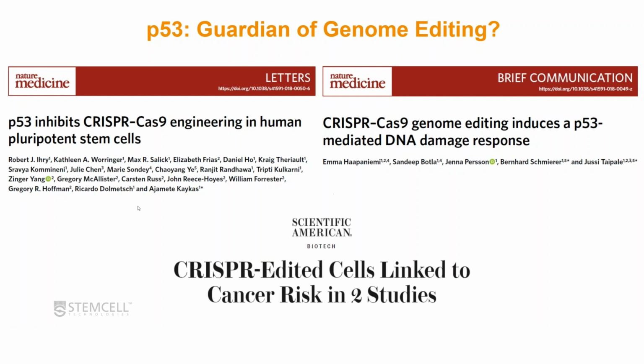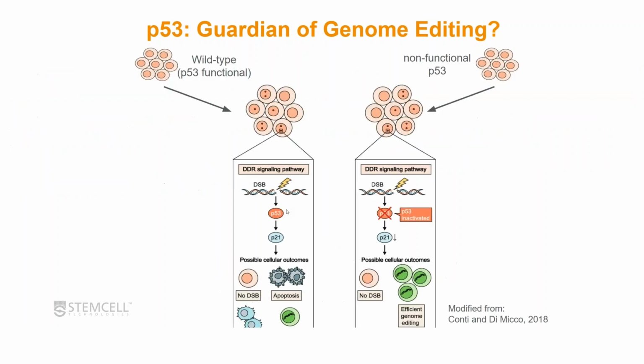And this resulted in even more popular scientific reports linking potentially CRISPR-edited lines to cancer risk, which took it a little far, but it kind of makes a bit of sense because if you think about it, when cells have a functional copy of p53 and then you deliver, for instance, an RNP complex and Cas9 creates a double-stranded break at your target site, p53 becomes activated. It then activates its downstream effectors such as p21.